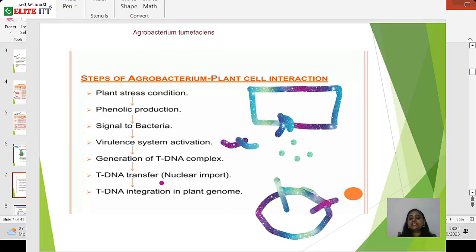Now tDNA transfer. So what I told you is that this tDNA part is actually transferred to the plant cell. So this will go inside the plant cell. After the DNA transfer, there is nuclear import, and tDNA integration in the plant genome. So after that, there will be integration in the plant genome.